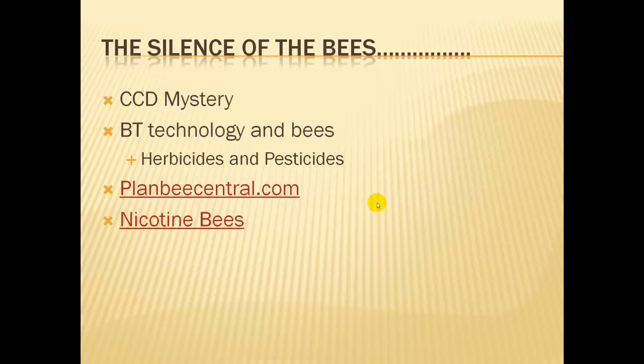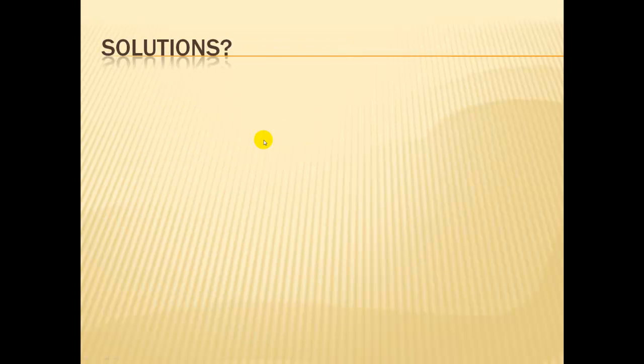I would encourage you to go to these two websites to take a look at some of the information behind that, but bees in this country are definitely suffering. In the future, I plan on making an entirely different lecture related to this, but for now, we're just going to leave it at this.